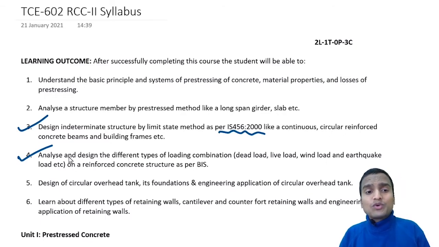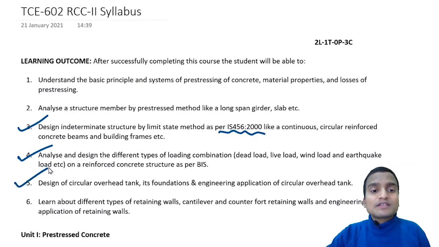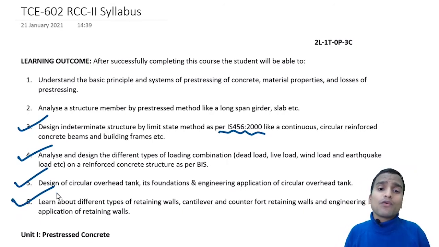But we are only going to see the design of circular overhead tanks, their foundation, staging, and engineering application. We are also targeting to learn about different types of retaining walls, cantilever walls, counterfort retaining walls, and the engineering application of the different retaining walls that are built. And at the end we will also try to understand some earthquake resistant design principles.